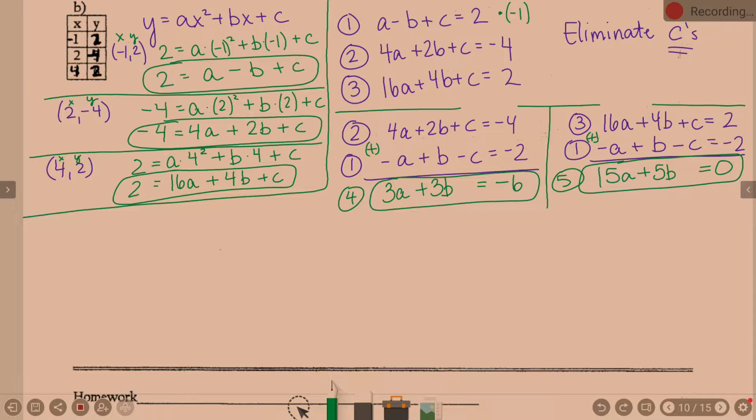Once you have equation 4 and equation 5, we put them together, right? Solve for 1. We're going to put them together and try and figure out what works best here. So what if I go all the way to the left side of my page?